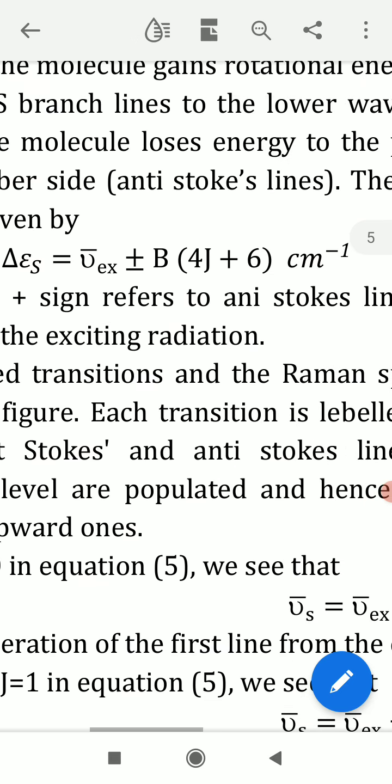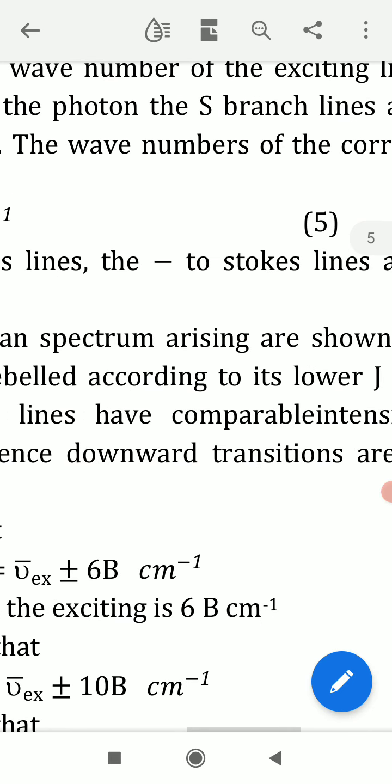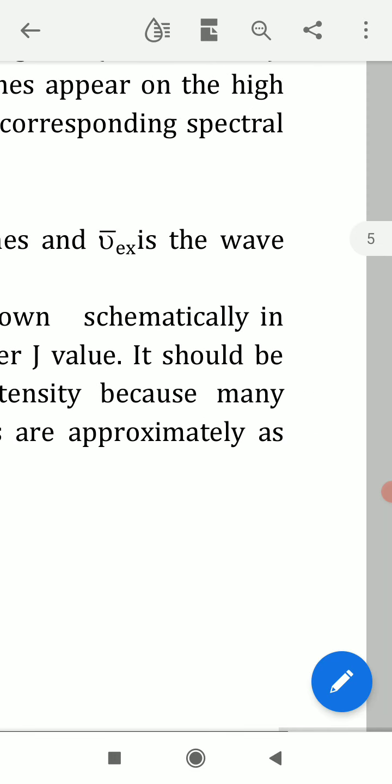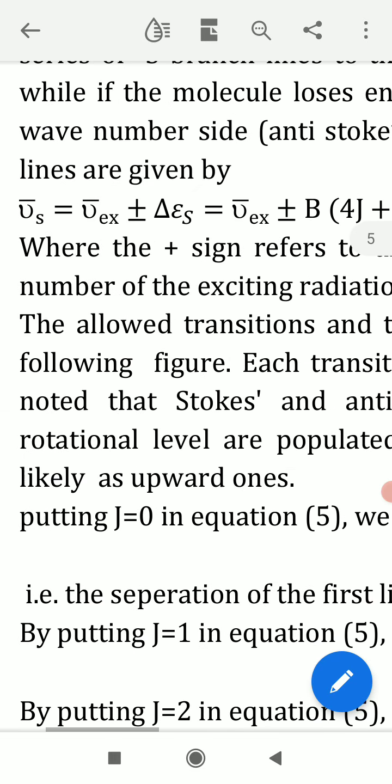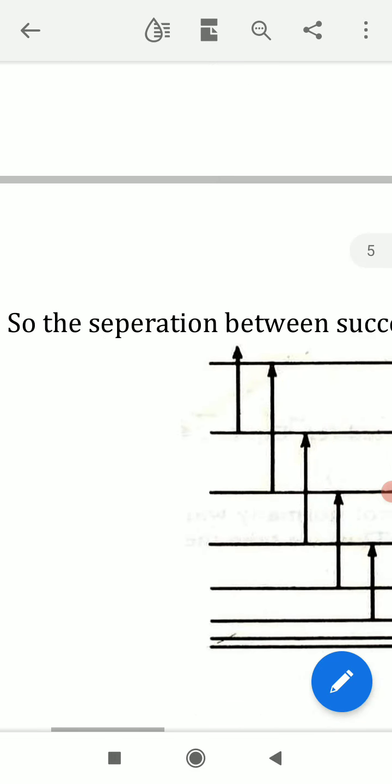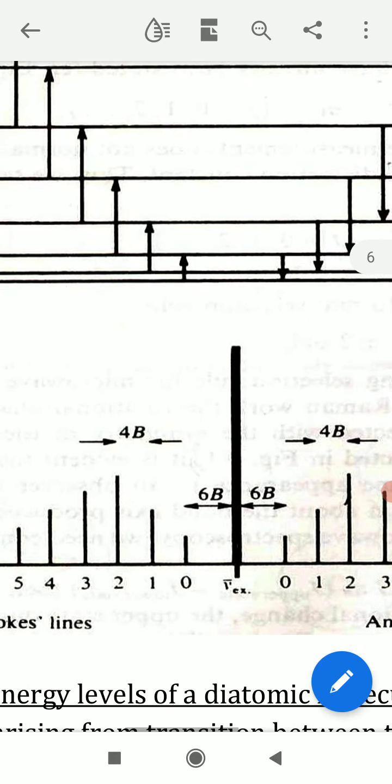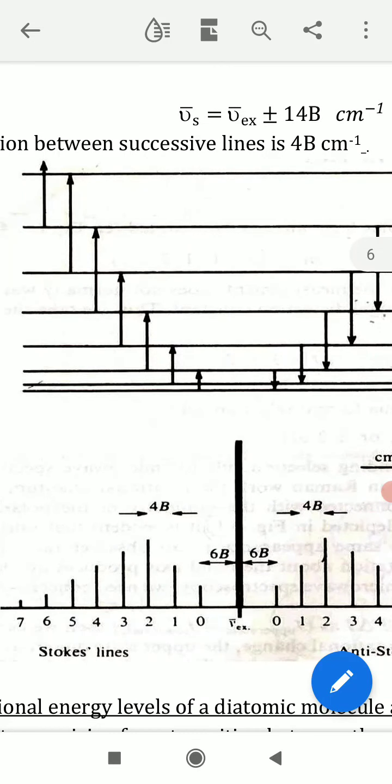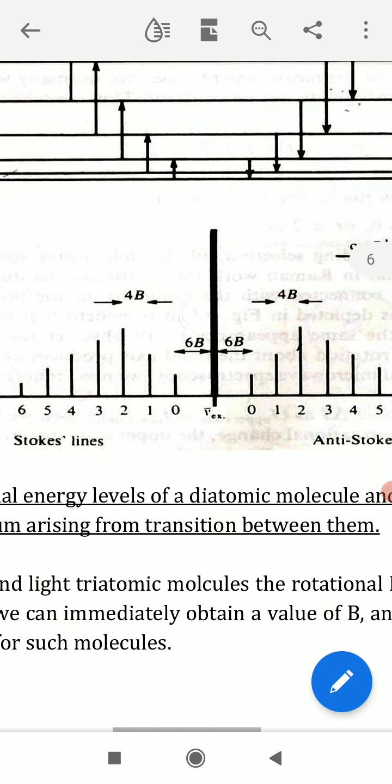The allowed transitions and the Raman spectrum arising are shown schematically in following figure. These are the allowed transitions shown in above figure, and from these allowed transitions we find the spectrum which is shown in lower figure.